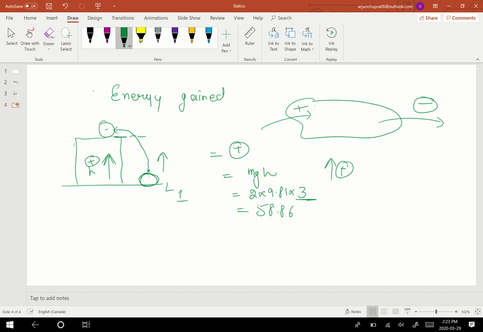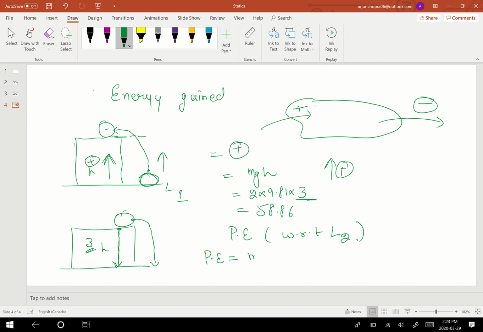Now let's say the ball is placed here, and then I take this ball from here down to here. Now I want to find the potential energy with respect to location 2. So from here the ball is moving in the downward direction about a height h, which we consider as 3 meters. Again the potential energy formula is mgh.